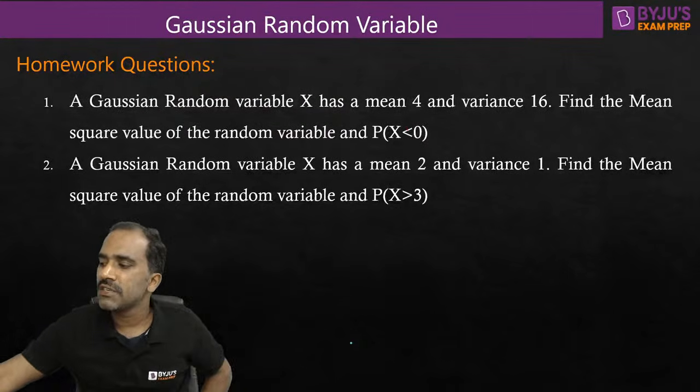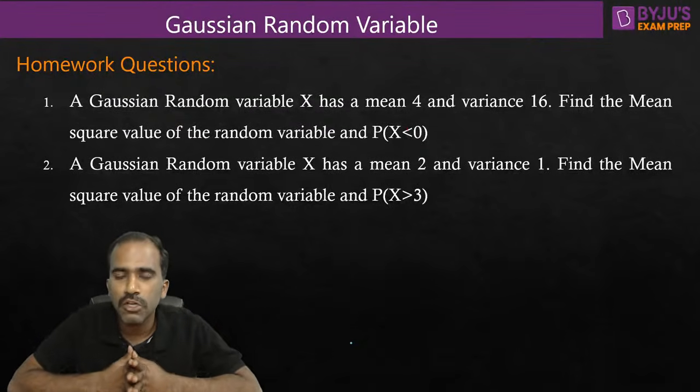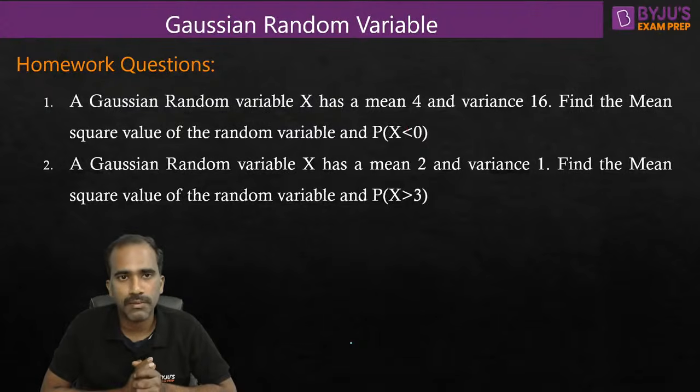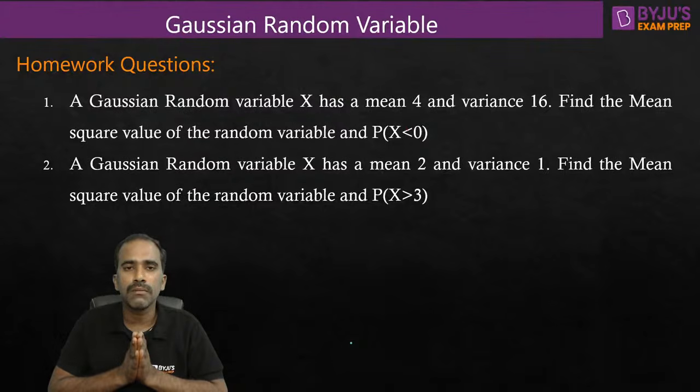In tomorrow's session, we will talk about exponential random variable and uniform random variable, which means I'll be talking about exponential probability density function and uniform probability density function. We'll talk about all the details about those 2 functions.